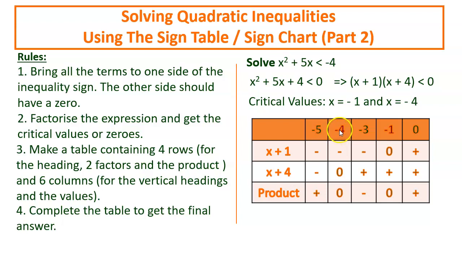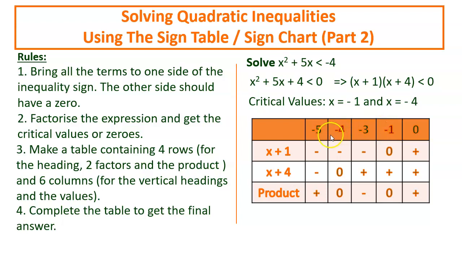You have to go from the smaller number to the bigger number, writing the numbers in ascending order. This is important. If you write -1 first and then -4, everything will get confused and you will come up with an incorrect answer.